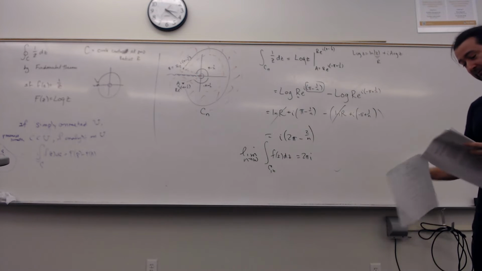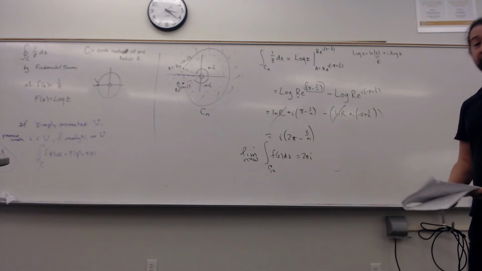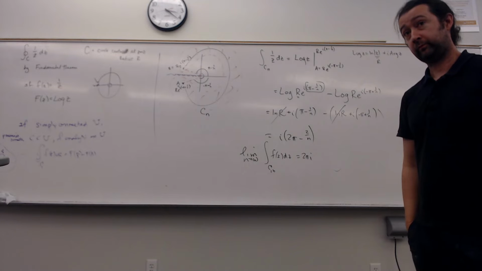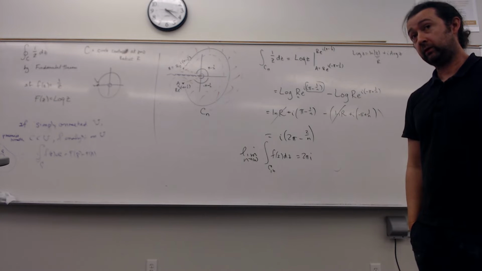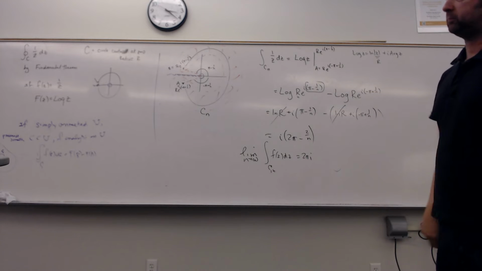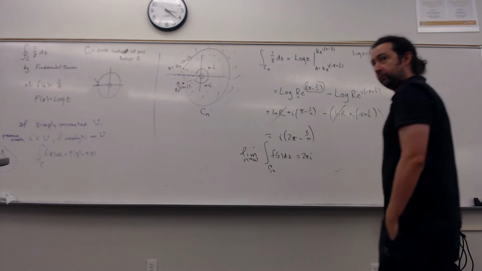Yep. What if I wanted to integrate? Is it possible to do an integral that's not in the principal angle region? So what if I wanted to integrate from B to A, going the other direction? Yeah.